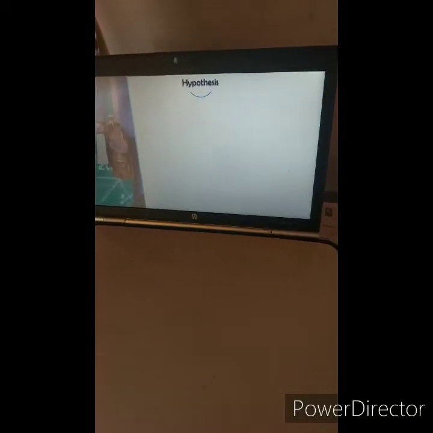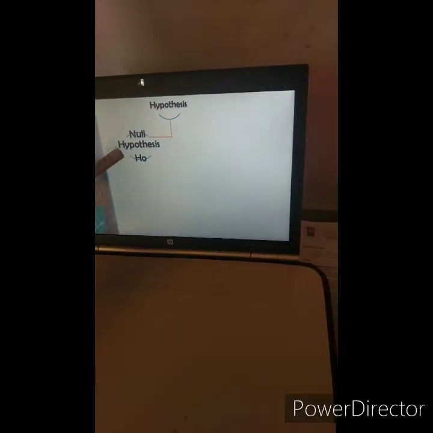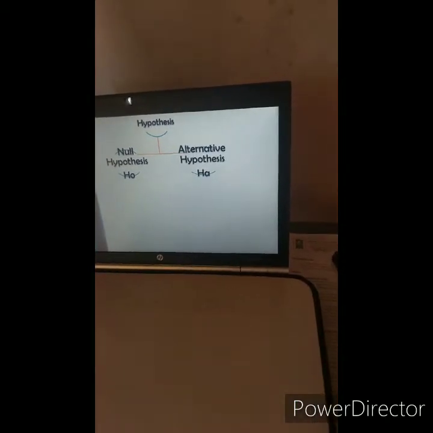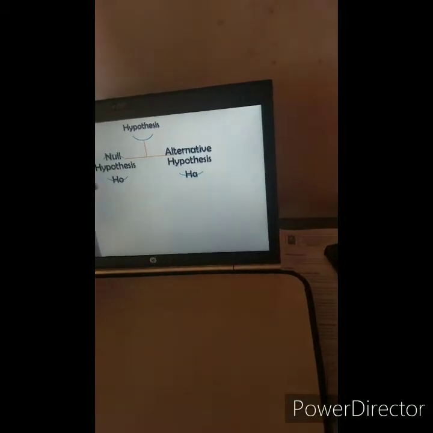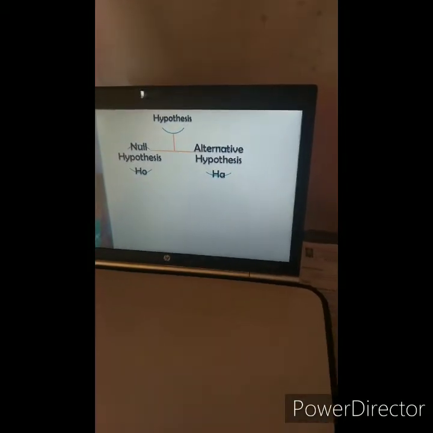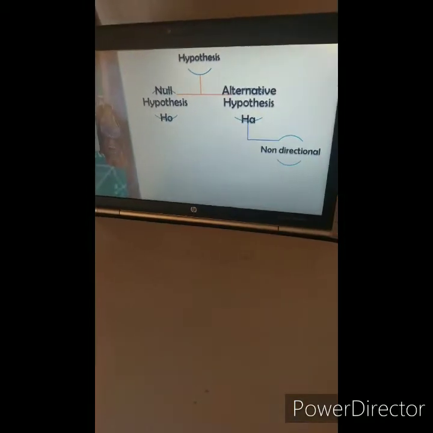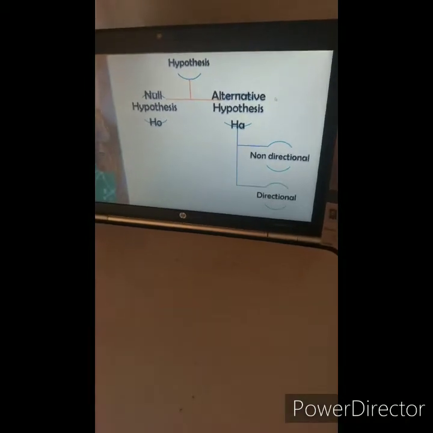So we have hypothesis. There are two types of hypothesis. We have the null hypothesis, which we call H0, and the alternative hypothesis, which we call HA. And for the alternative hypothesis, we have non-directional and directional.